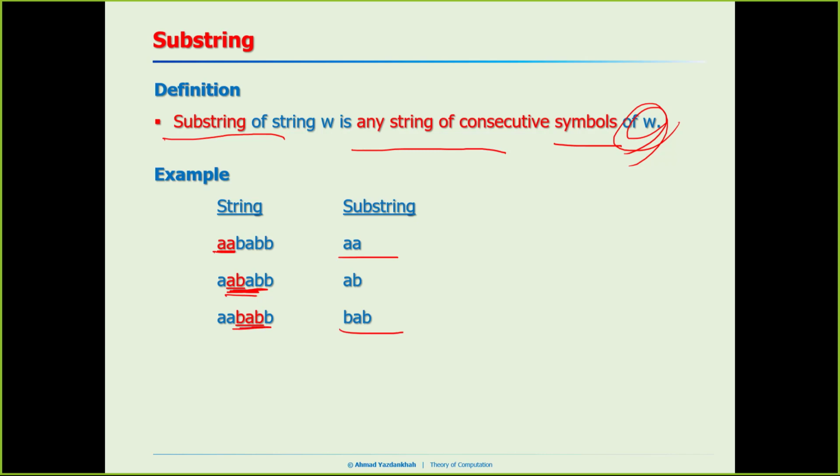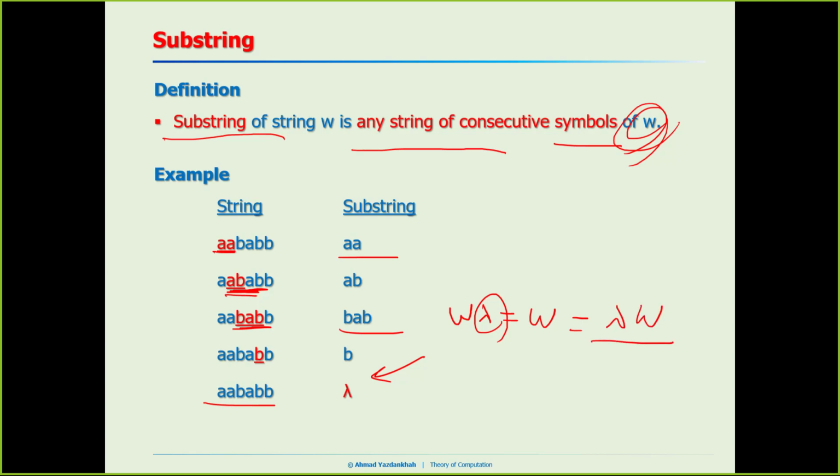You can continue here. So this guy maybe is interesting. Lambda can be a substring of any string. And why is that? Because we said W lambda is equal to W. So we can put lambda here, or we can put lambda here, so lambda is a substring of any string. And also we can consider the whole string as a substring as well.